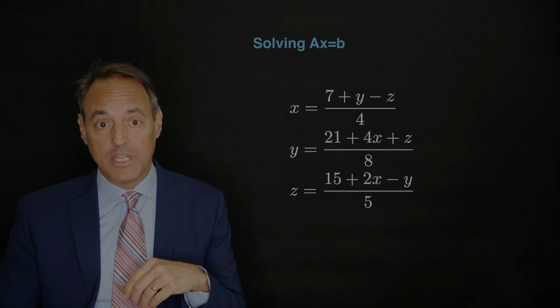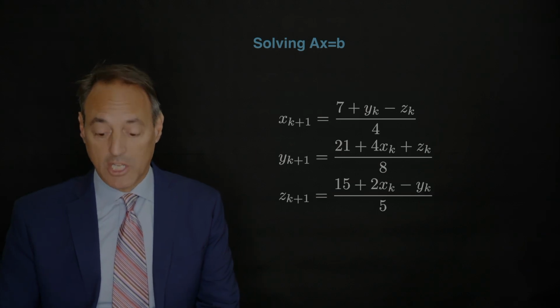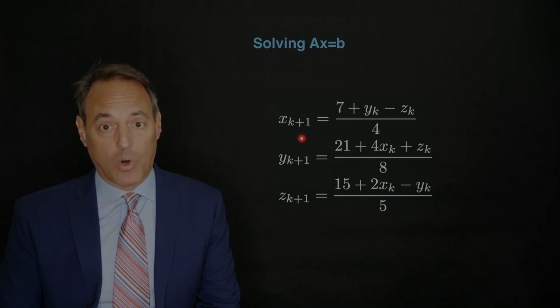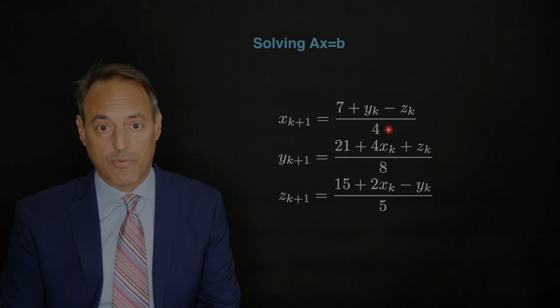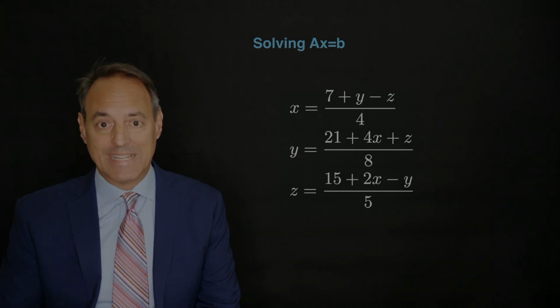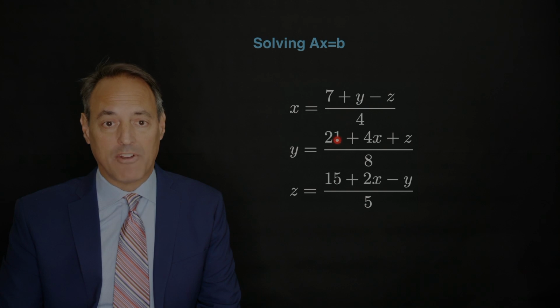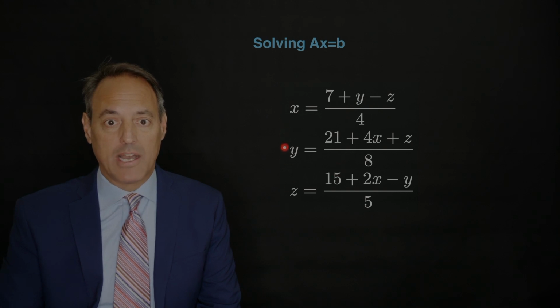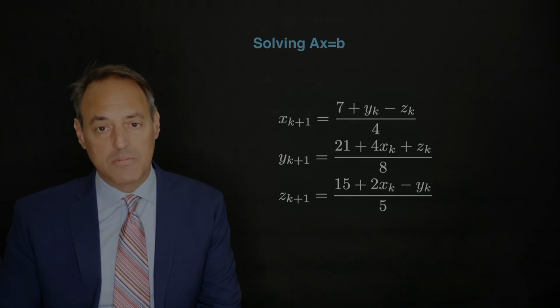What we're going to do is construct an iterative procedure, and here it is. x_{k+1} is equal to (7 + y_k - z_k)/4. I simply took this set of equations, and on the right side are the current values of x, y, z, and on the left side are the updated values. That's what this means.